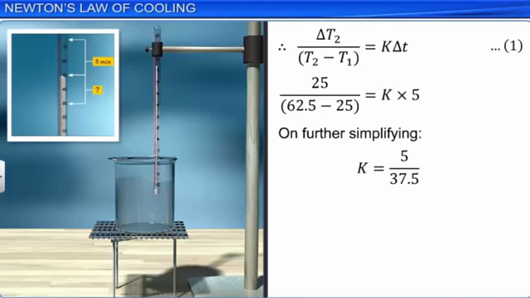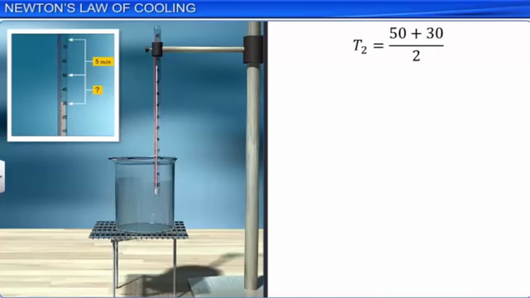Now, the values to calculate the time for the water to cool from 50 degrees Celsius to 30 degrees Celsius are: the average of 50 degrees Celsius and 30 degrees Celsius is 40 degrees Celsius, and hence T2 is equal to 40 degrees Celsius. T1 is equal to 25 degrees Celsius. Delta T2 is equal to minus 20 degrees Celsius.